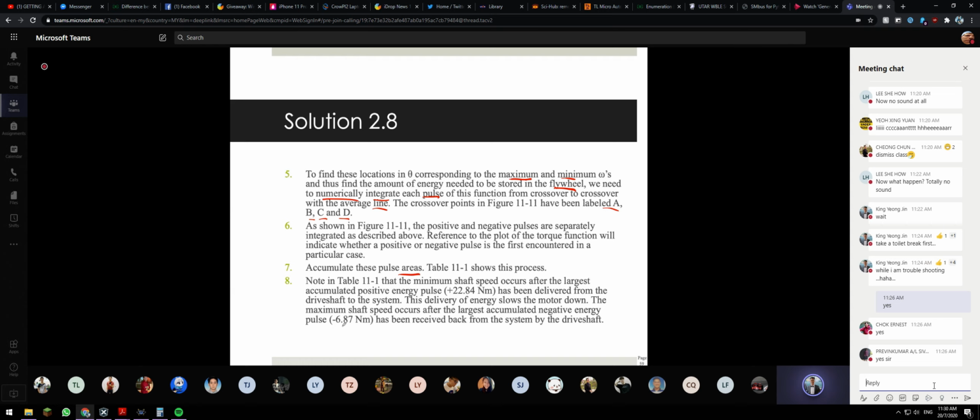Note in table 11-1 that the minimum shaft speed occurs after the largest accumulated positive energy pulse, 28.84 joules, has been delivered from the drive shaft to the system. This delivery of energy slows the motor down. The maximum shaft speed occurs after the largest accumulated negative energy pulse, which is negative 6.87 joules, has been received back from the system by the drive shaft, right?